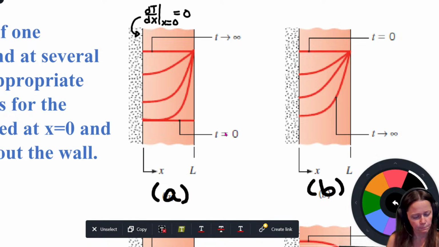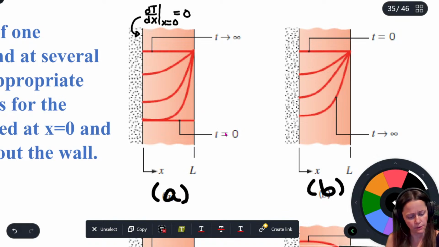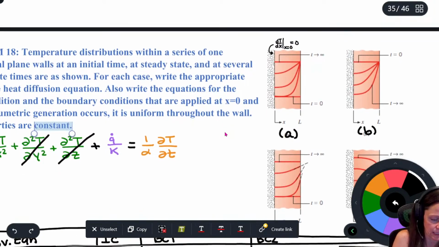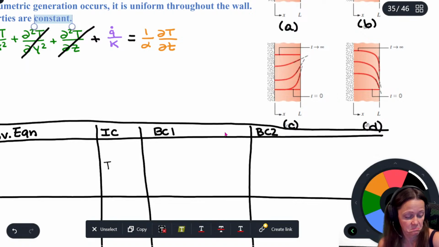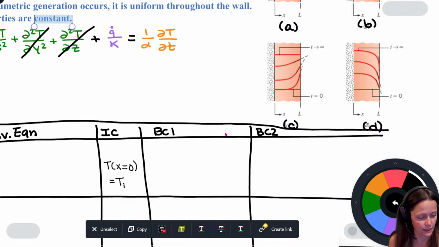So initially at t equals 0, that's my initial condition. Let's go ahead and at least put that in here. So my initial condition is T at x equals 0. It's just some T initial. I don't know what it is.